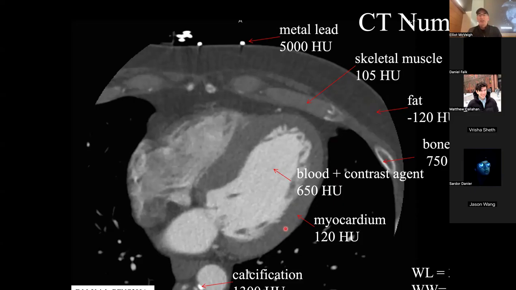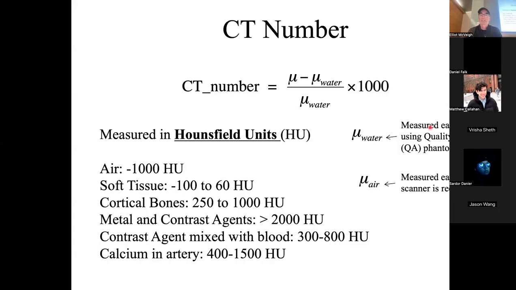Right. Okay, two very good questions. It gets to be minus 120 because its mu value is less than water. So when water gets subtracted in that formula, this number is smaller than this number, and it becomes negative. Just like when this is air, this number is 0, and the mu value of water is not 0, it's a positive number, and so that becomes minus 1,000.